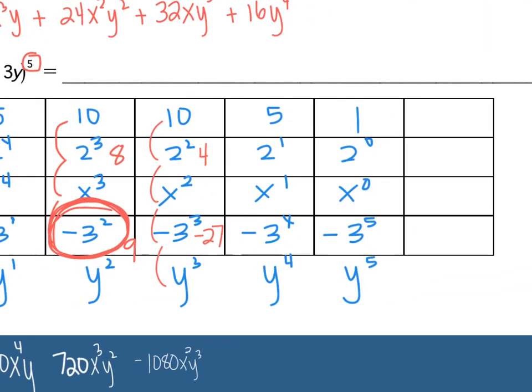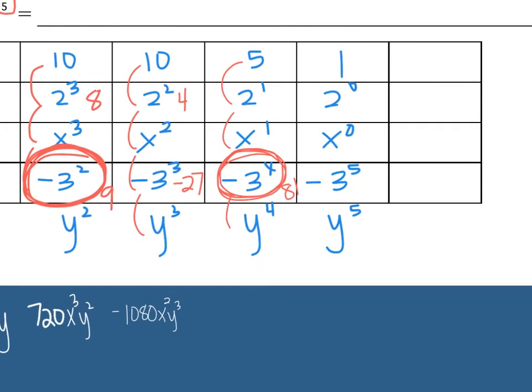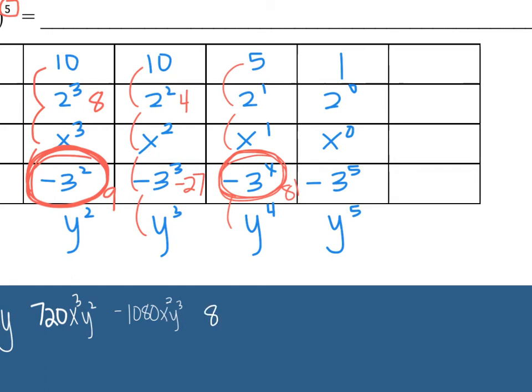All right, now next one, 5 times 2, that's 10, times x, times negative 3 to the 4th. There's another time where you've got to watch it. Negative 3 to the 4th is positive 81 times y to the 4th. So multiplying all that together, we get positive 810 x y to the 4th.